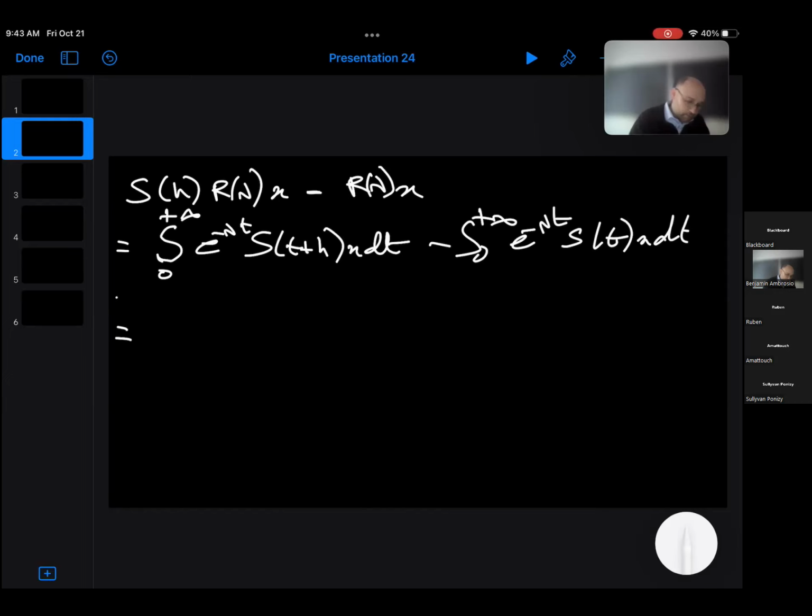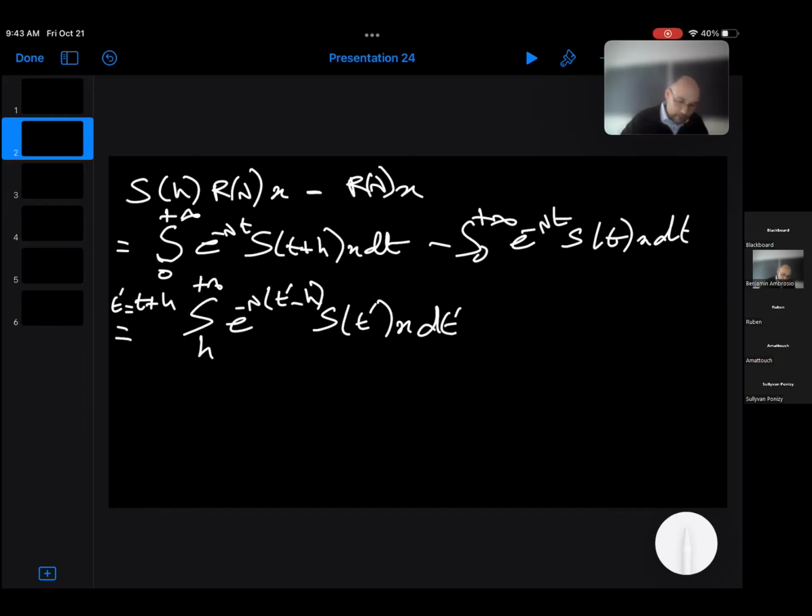Now I set t prime equals t plus h. When t starts at 0, t prime starts at h. And so t equals t prime minus h, and I get the integral from h of exponential minus lambda (t prime minus h) S(t prime)x dt prime, minus this one, which I don't touch.